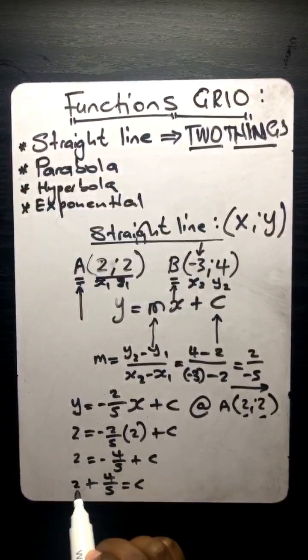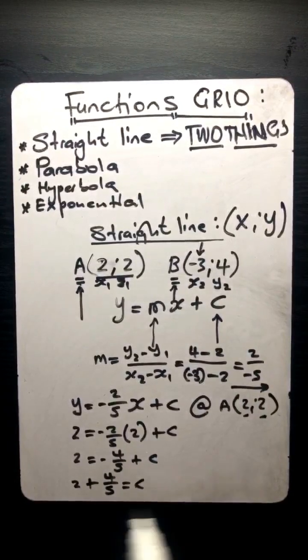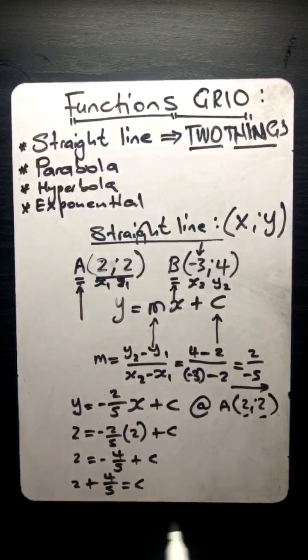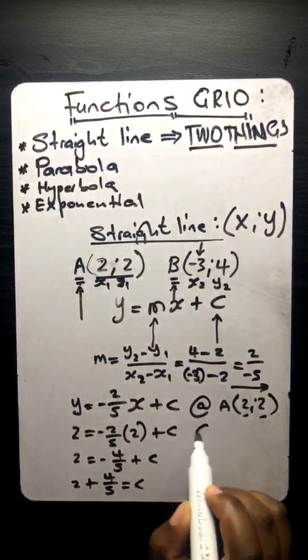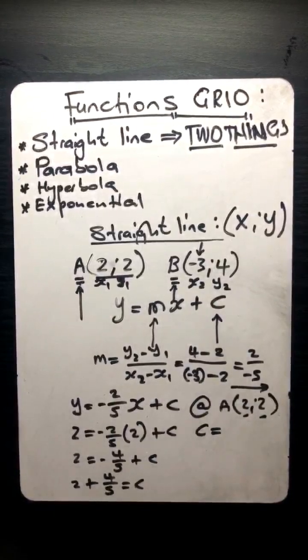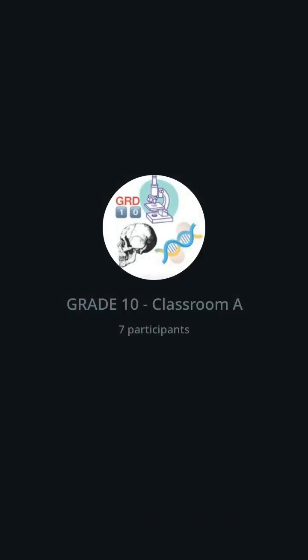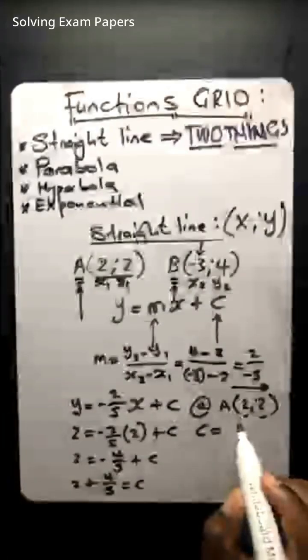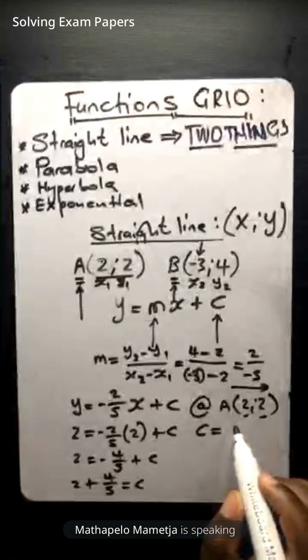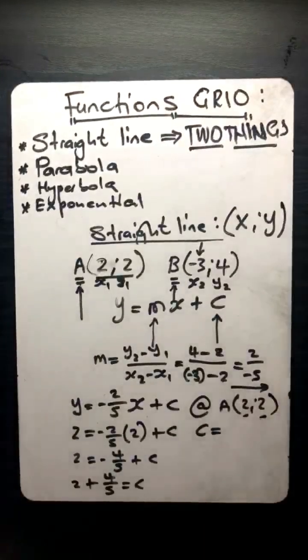Then you punch this on your calculator. What are you getting there? What is 2 plus 4 over 5?